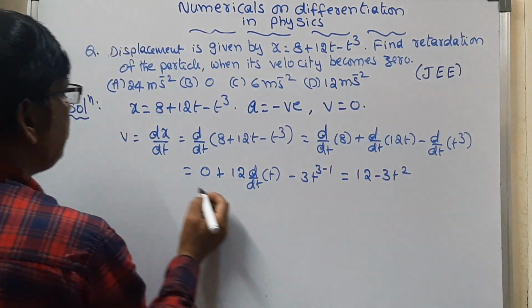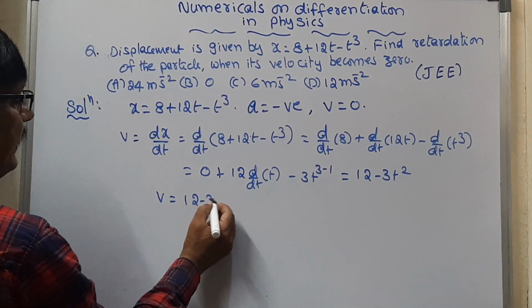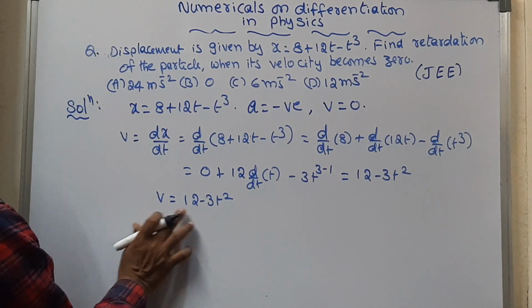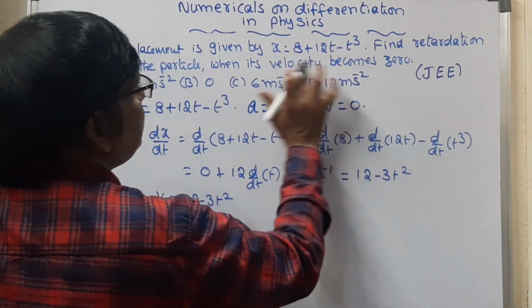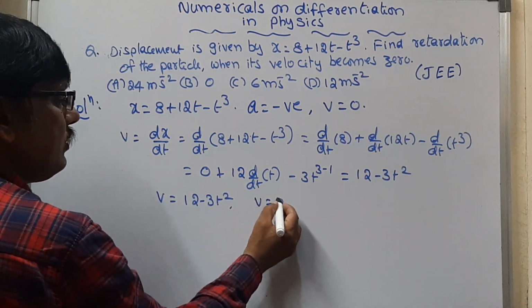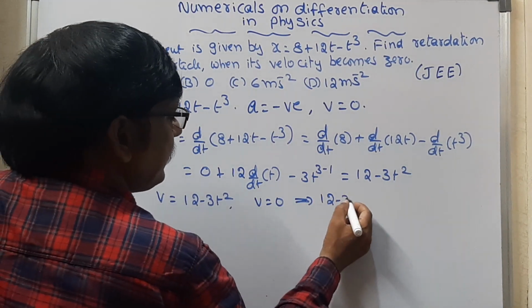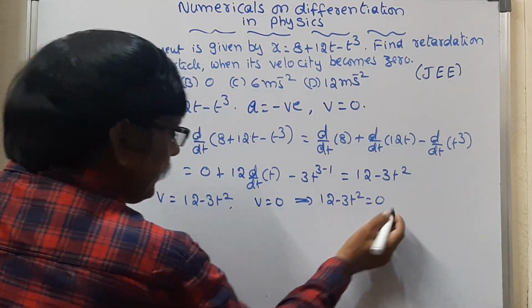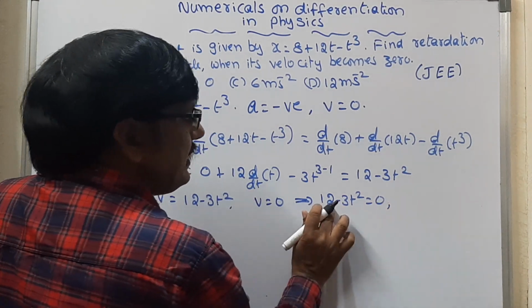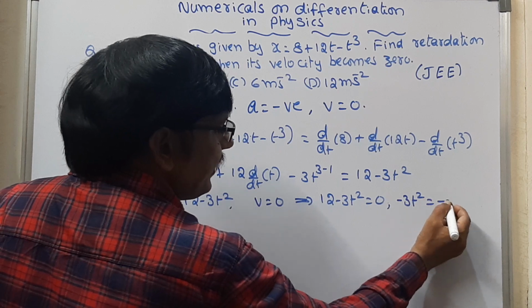Is it okay? This is the velocity formula we got. Velocity is equal to 12 minus 3t square. Afterwards, with this velocity, the condition given is that velocity is 0, means v is equal to 0. That tells us that 12 minus 3t square is equal to 0. Send the 12 to the other side, so minus 3t square is equal to minus 12.